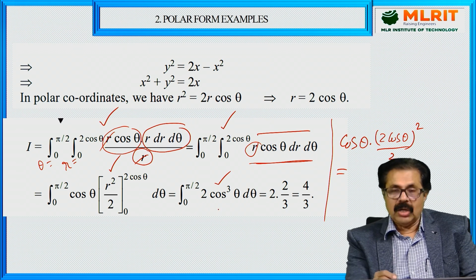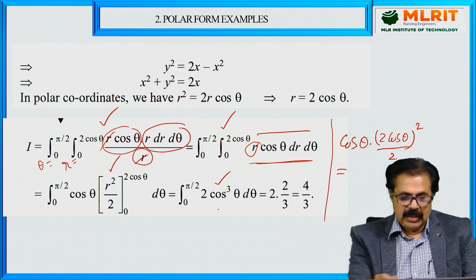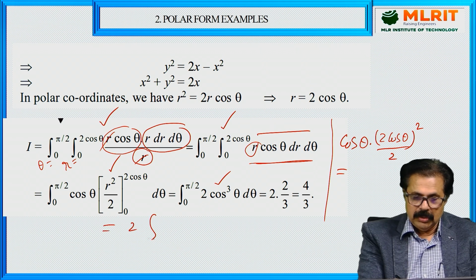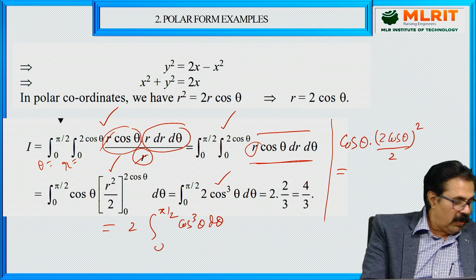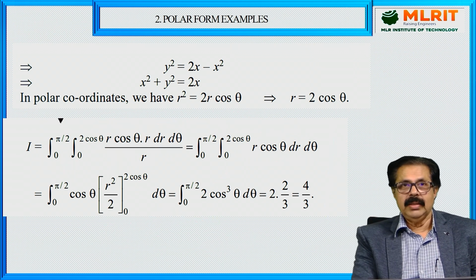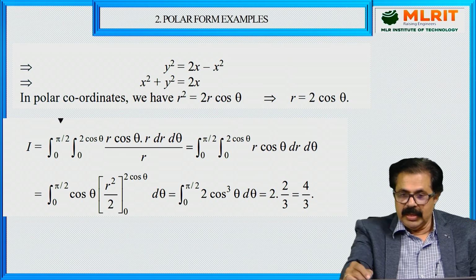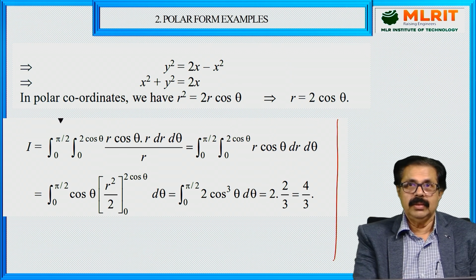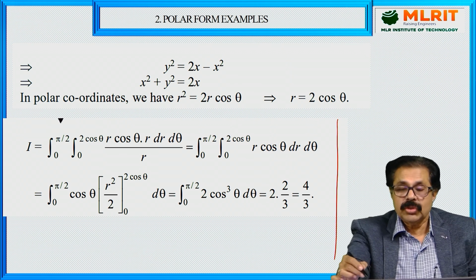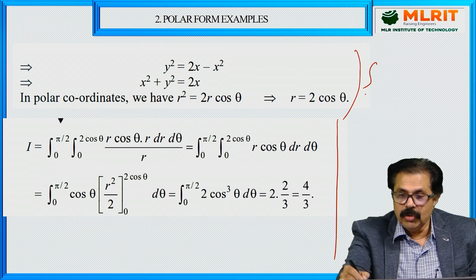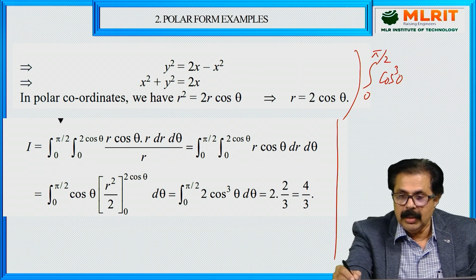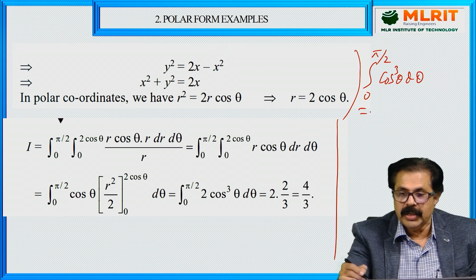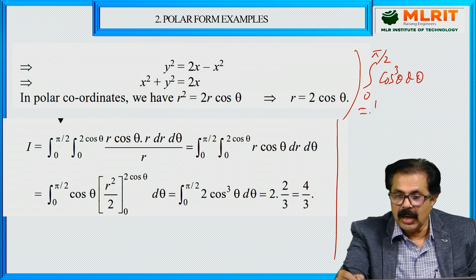Now, this is nothing but 2 times the integral from 0 to pi by 2 of cos cube theta d theta. Once again, we come back to the same thing. How to evaluate the integral of cos cube theta from 0 to pi by 2? You know very well, this is a half.